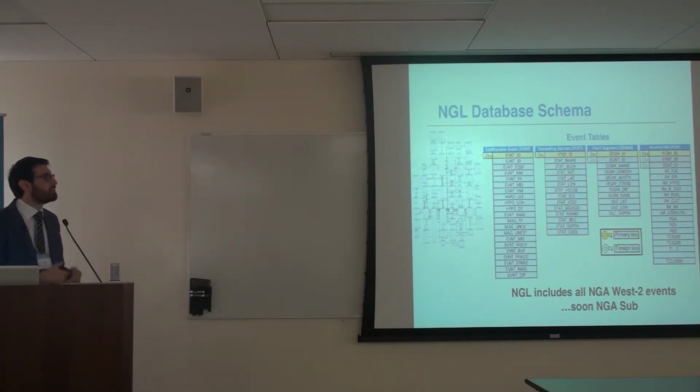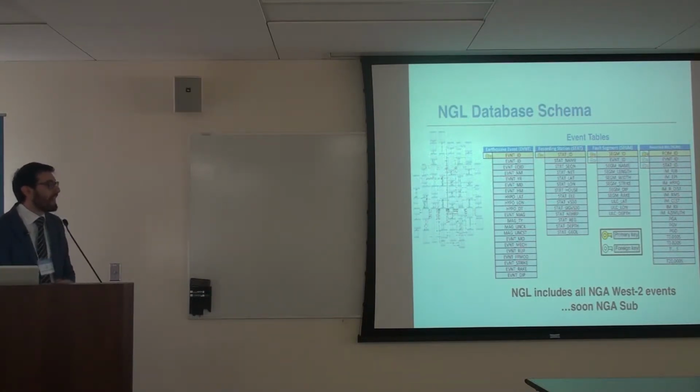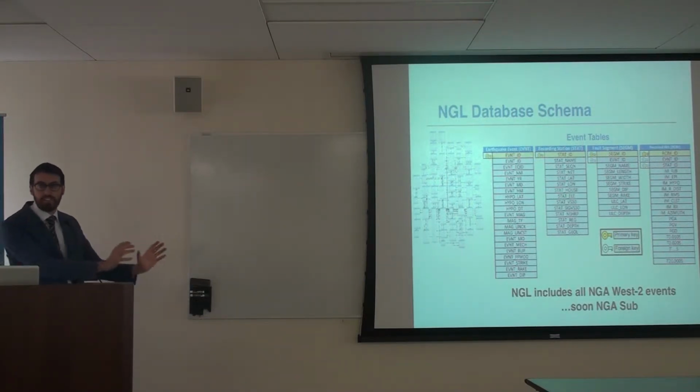The effort of building this part of the database was actually a collaborative effort with people working on the NGA West 2 and the NGA subduction database. Silvia Mazzoni was kind enough to share the schema of the database they are working on. We now have all of the NGA West 2 events as part of these databases.